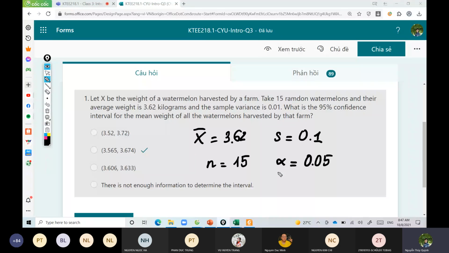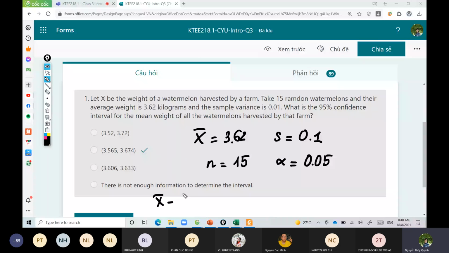Now we have to construct the 95% confidence interval for the mean weight. It will be x bar minus, in this case, do we use critical z or critical t? We do not know the exact value of the population variance, so we have to use t.